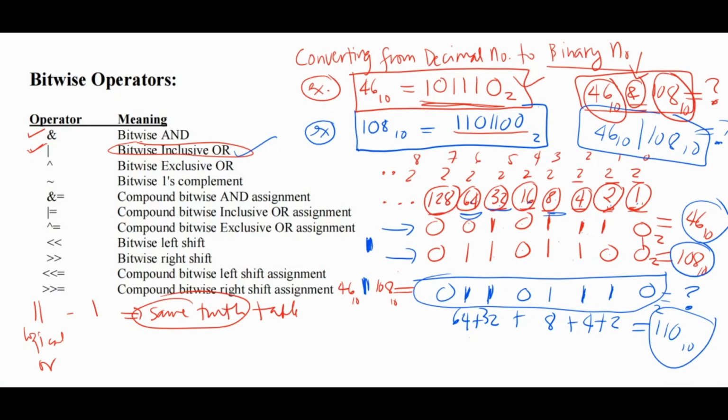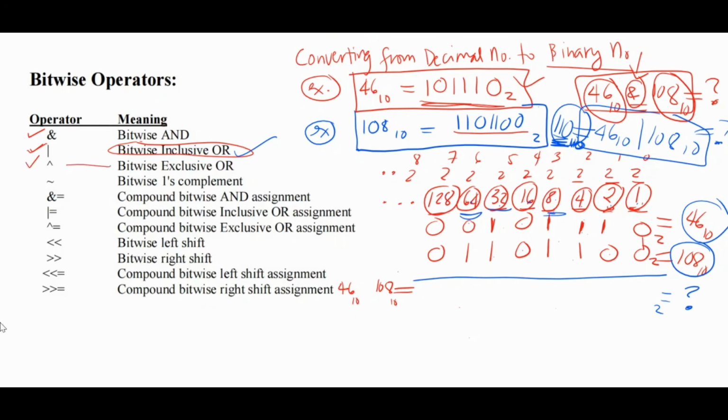That's correct. That is the same result that we got here, 110. So for decimal number 46 bitwise inclusive OR with decimal number 108, the answer here is 110 base 10. This is not a binary number. This is a decimal number 110.